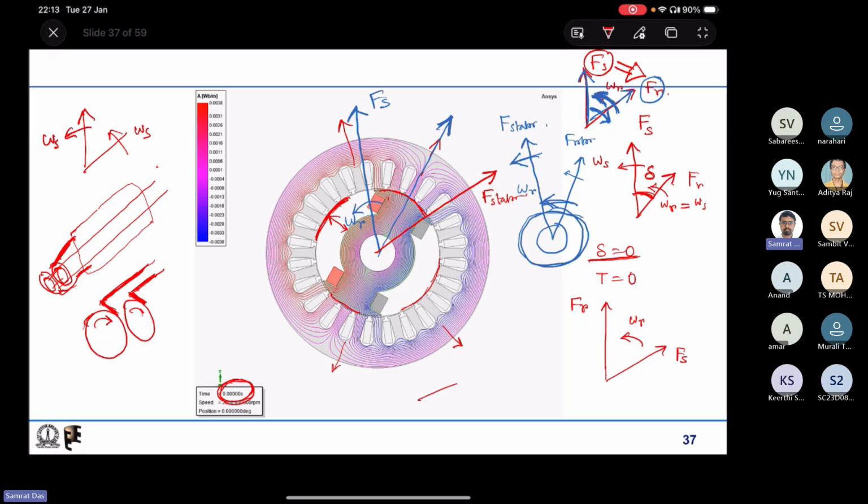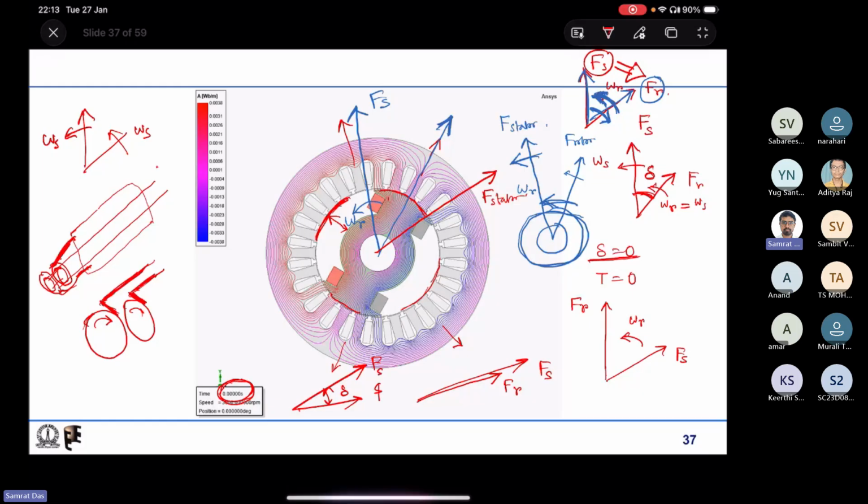If Fs and Fr get aligned, so that there is no angle between them, there will be no torque production. For torque production, there has to be some delta angle between Fs and Fr.